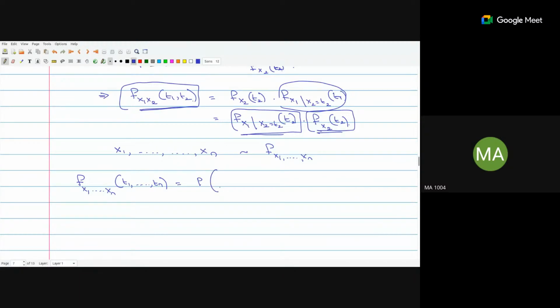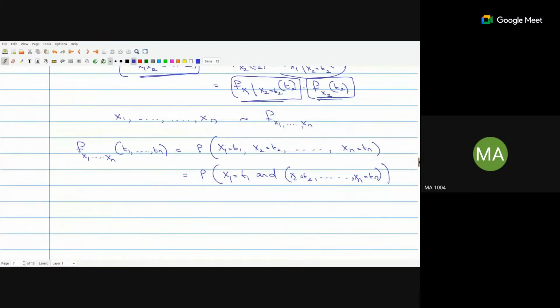So now this is nothing but the probability that X1 takes t1, X2 takes t2, and so on, Xn takes tn. Look at how I am writing this: X1 is equal to t1, and the rest of the variables I am looking at collectively, X2 takes t2 and so on, the joint distribution of X2 to Xn. Now this is one event and that is another event, and I am looking at the joint between 2 things.